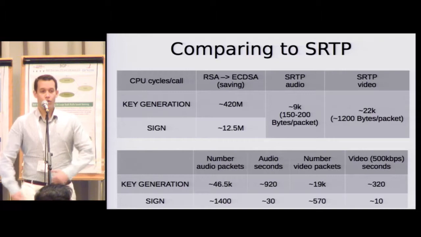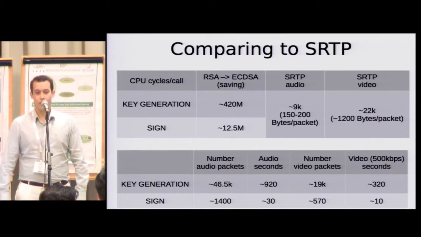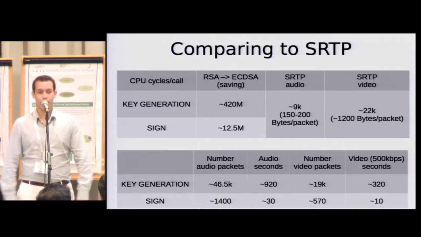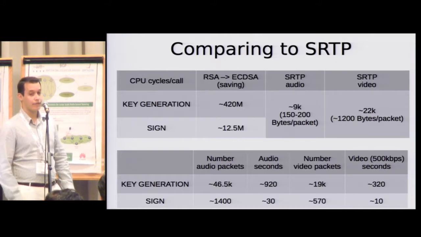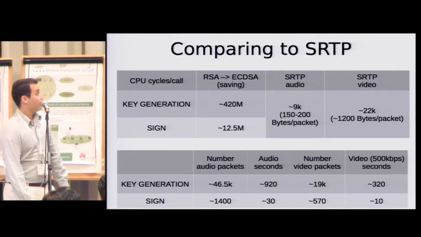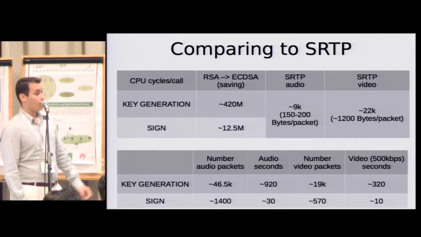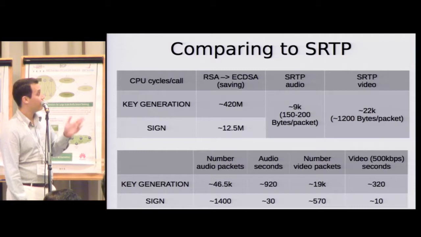We also wanted to compare this improvement with the rest of the WebRTC stack. For that, we compare the cycles saved in the DTLS handshake with the cycles needed to encrypt the RTP packets. In this table, you can see that to encrypt an audio packet we need 9,000 cycles, and for video, 22,000 cycles.